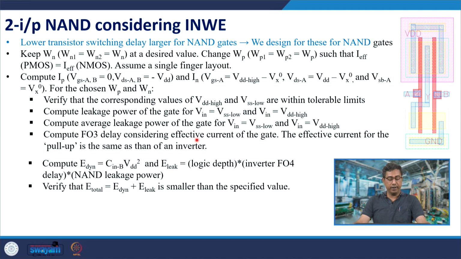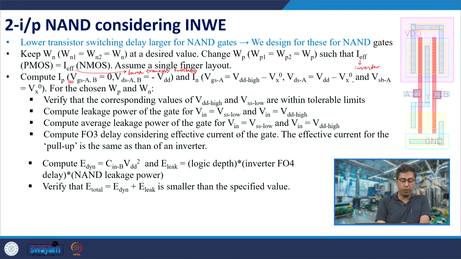So, we equate the effective current of pull up, as we do for the inverters, with the effective current of the pull down for lower transistor switching. Once the effective currents are equal, Wp has been chosen.